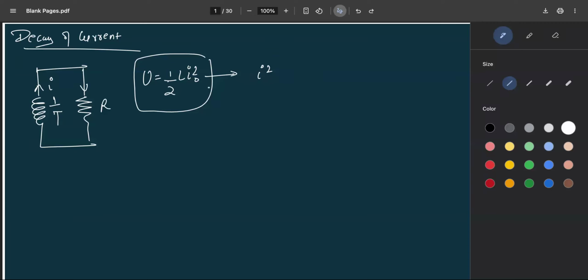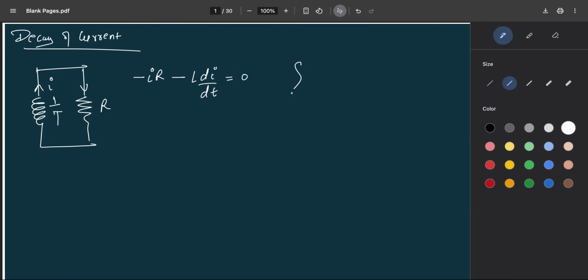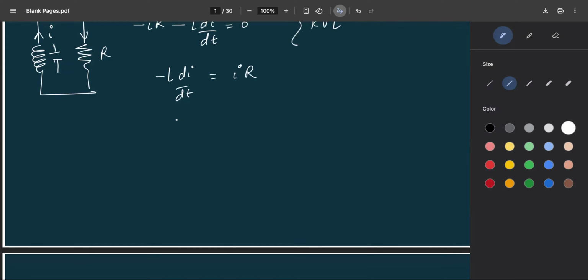Either way we can go with it, but let's come back to our previous situation. We got this result by simply applying the KVL rule, Kirchhoff's voltage rule. Let's take it to the other side. It becomes negative L dI by dt equals I times R, and here you go with an integration of dt.